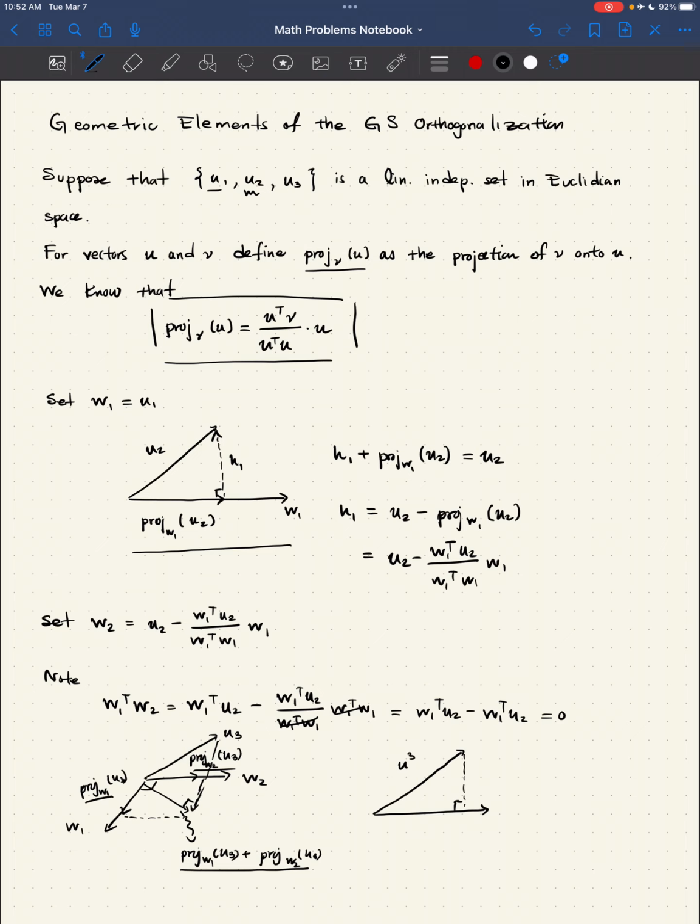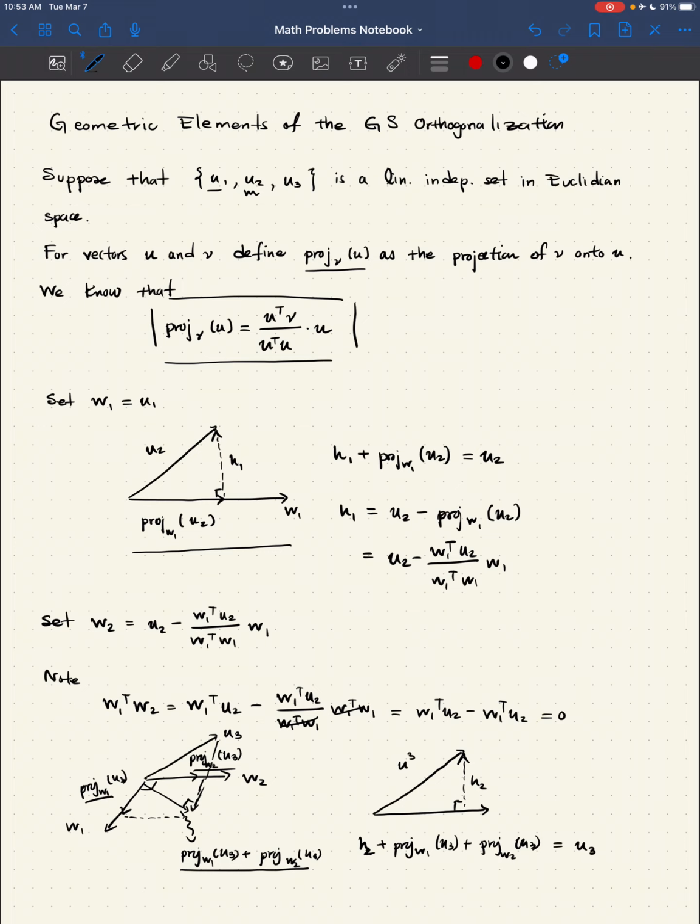Now, something that we see immediately is that if I set this H2 as the height and I move it along these lines, then H2 plus the projection of U3 on W1 plus the projection of U3 on W2 is equal to U3.